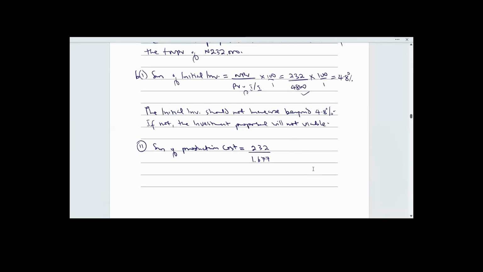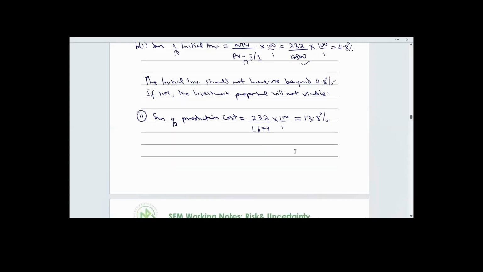Don't come and be putting a negative, say 1677 in brackets. No, just ignore the brackets. So multiply by 100 over 1. In this case, 232 divided by 1677 equals 13.8%. So this has the same interpretation as initial investment because this is a cost.